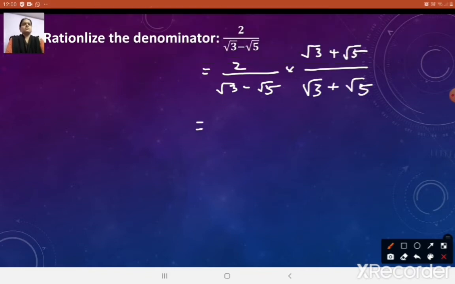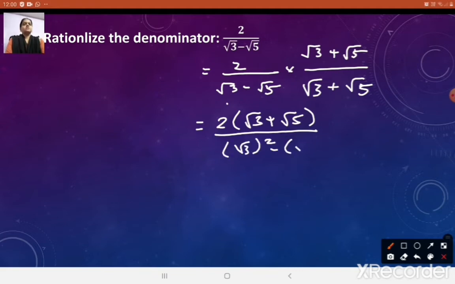So it will become 2 in the bracket root 3 plus root 5 upon, now root 3 minus root 5 into root 3 plus root 5, we will apply (a minus b) into (a plus b) is a square minus b square. So it will become root 3 square minus root 5 square.